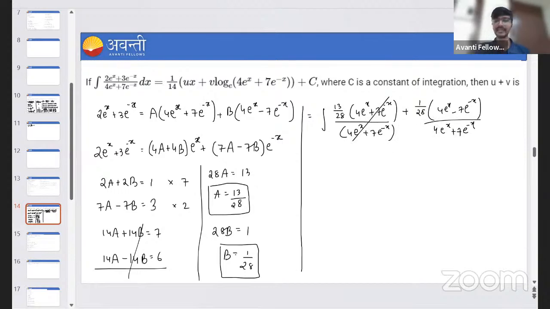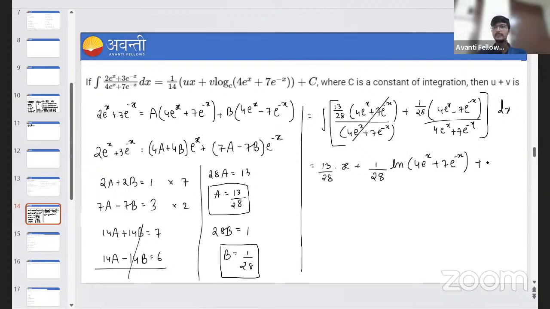So on the second one, this is f dash of x upon f of x. So what is the integration of that? The whole dx. So basically my integral is 13 by 28 into x plus 1 by 28 into ln of 4 e raised to x plus 7 e raised to minus x plus c.